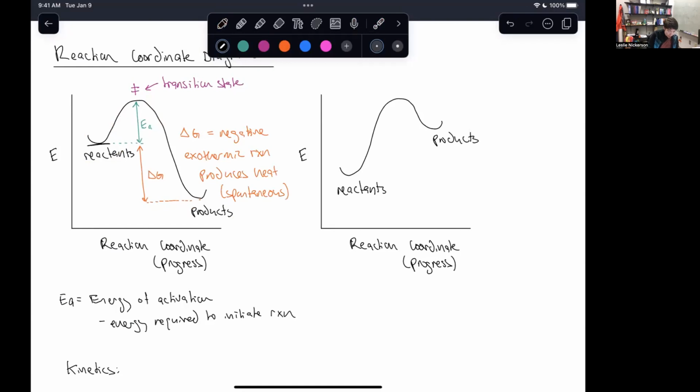We have all the same kind of things here in terms of the energy of activation required. We've still got a delta G here, and we still have a transition state.